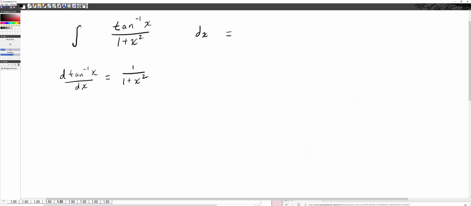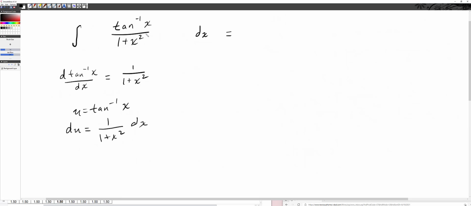So we notice that the derivative of inverse tangent x is 1 over 1 plus x squared, and that means that I can call tangent inverse x u. And then if I wanted to find du, it would just be 1 over 1 plus x squared dx. So du, again, is 1 over 1 plus x squared dx.